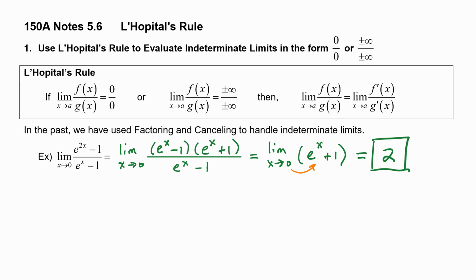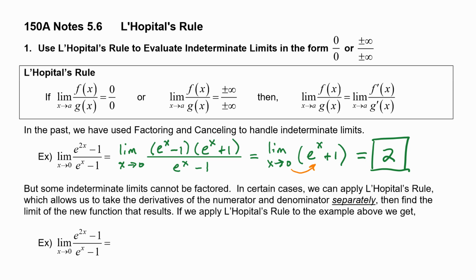Now that's what we do when we are able to use factoring and canceling. But some indeterminate limits cannot be factored. In certain cases, we can apply L'Hopital's rule, which allows us to take the derivatives of the numerator and denominator separately from each other, then find the limit of the new function that results.